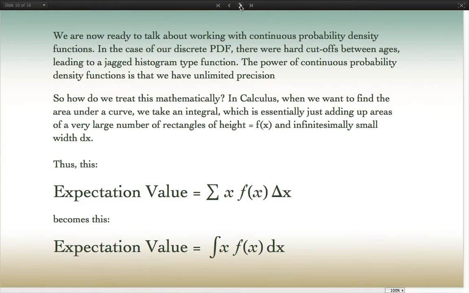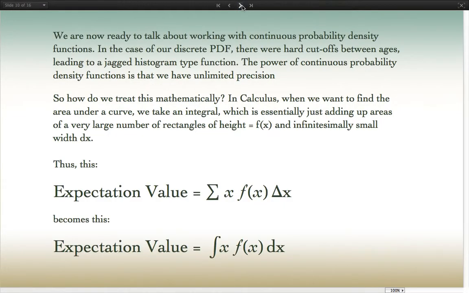Okay, so now we can start talking about what a continuous probability density function is. We started with a discrete one because that's a little easier to wrap your head around, because I can talk about something concrete like a group of students and their ages. With a discrete one, there were hard cutoffs between the ages, so our function had that jagged shape due to the histogram type function.